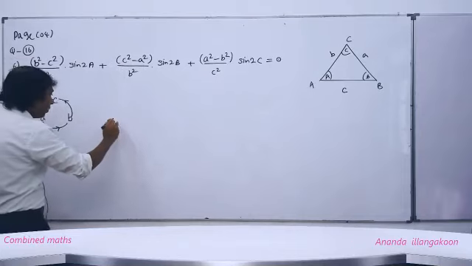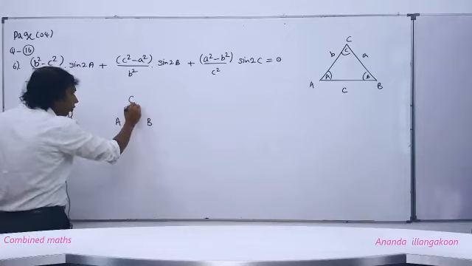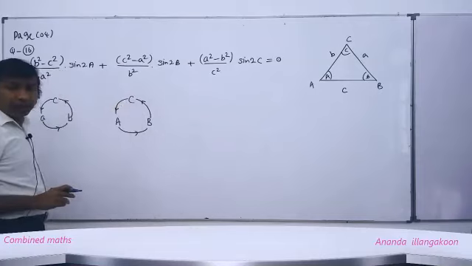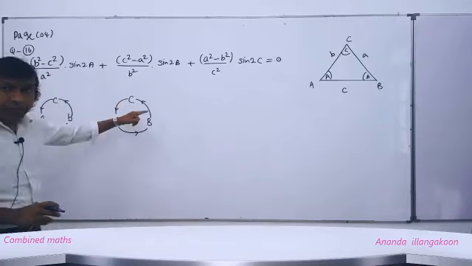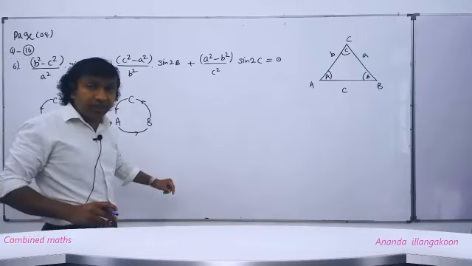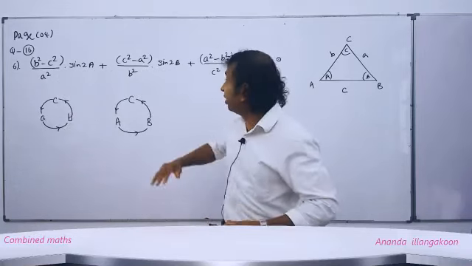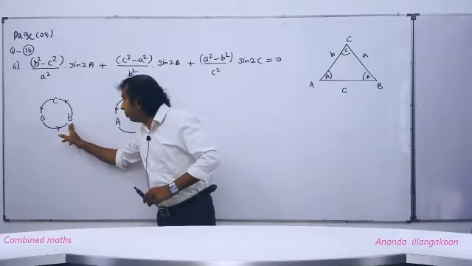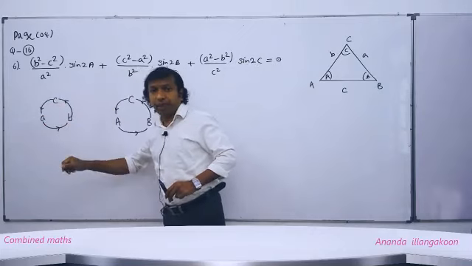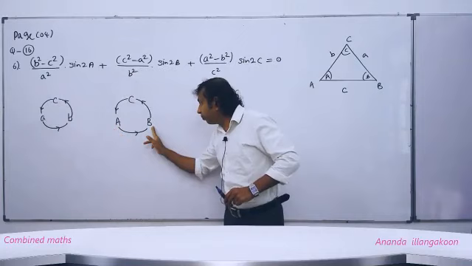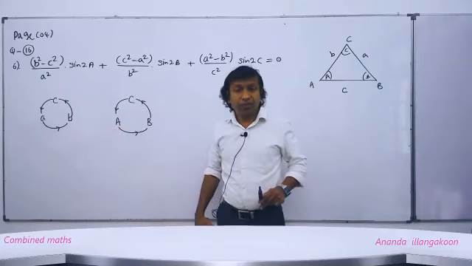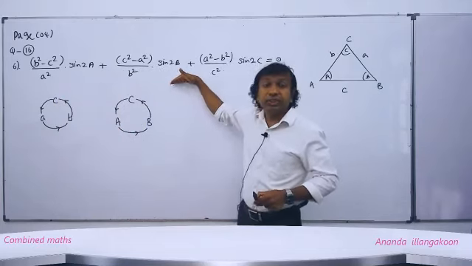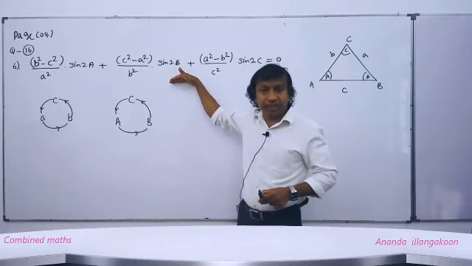And for capital A I put B, for B I put C, for C I put A. If we change simple a, b, c and capital A, B, C in these 3 terms, you will see this left hand side expression will not change. Understand? We can prove that.